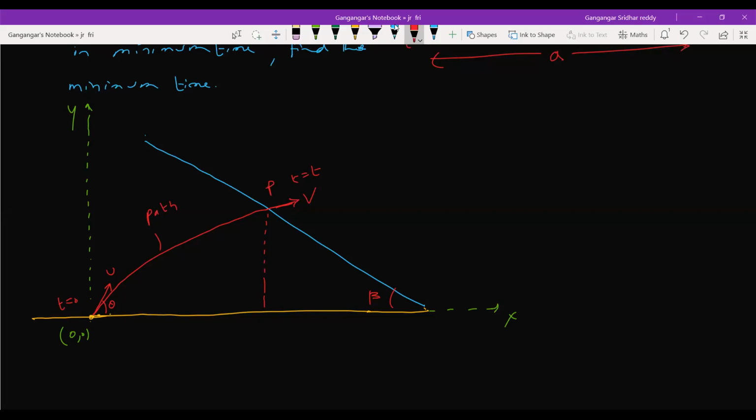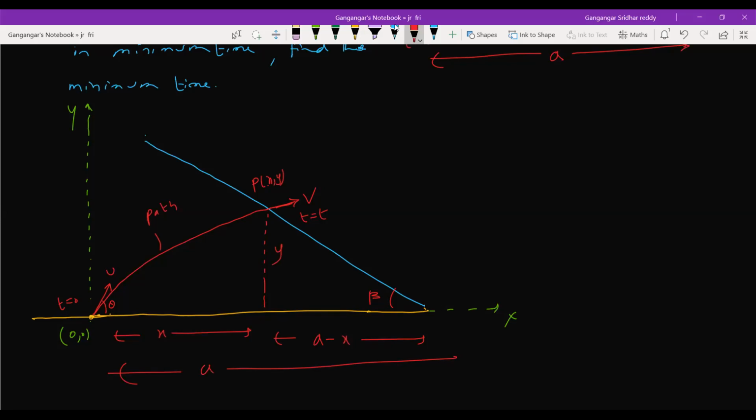Now what is the distance given? Let it strike the inclined plane at the point with coordinates x comma y. So this will be y, and this distance will be x here. What will this distance be? It will be a minus x, because the distance given is a.